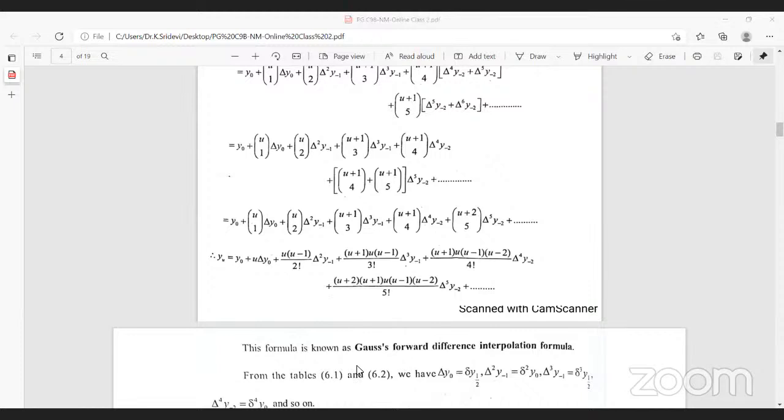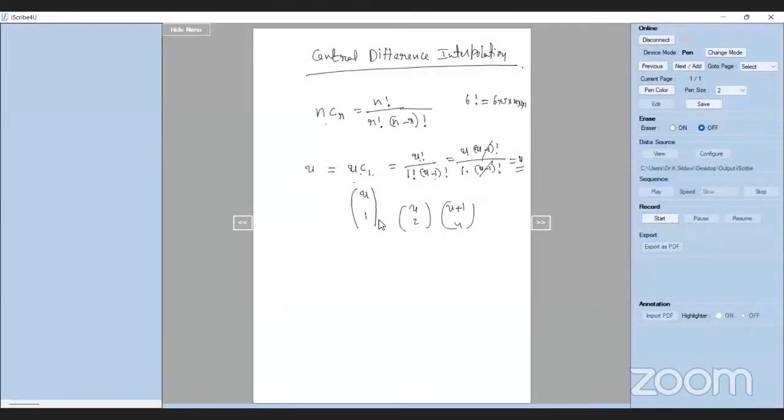Let me share the screen here. You know that UC2 and U plus 1 C4. What is UC2? It is NCR, which is N factorial by R factorial into N minus R factorial. Here N is U and R is 2, so it is U factorial by 2 factorial into U minus 2 factorial. What is U factorial? Simplify this one: U into U minus 1 into U minus 2 and so on.